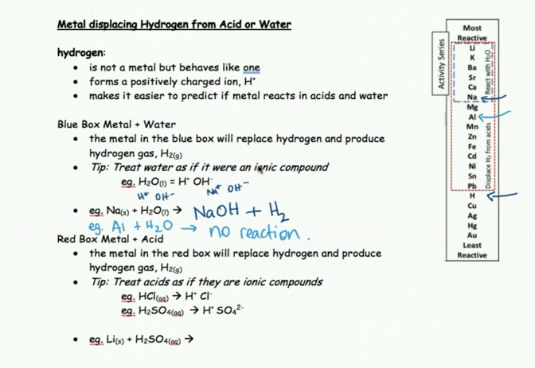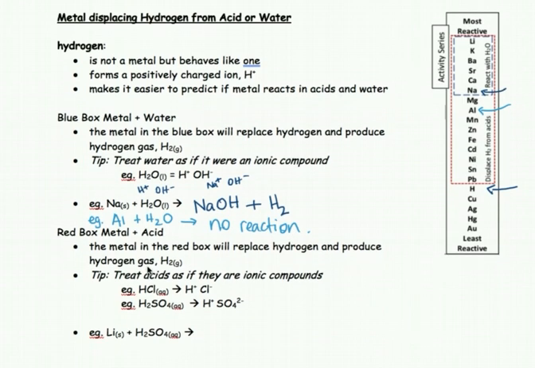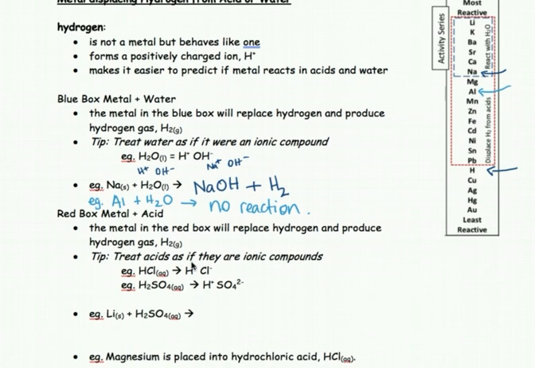Okay, so let's move on to the red box here now. This is the acid box. So the metal is going to come in here and displace the hydrogen. If you are in this red box here, you can displace the hydrogen out of an acid. Again, treat the acids like they're ionic.